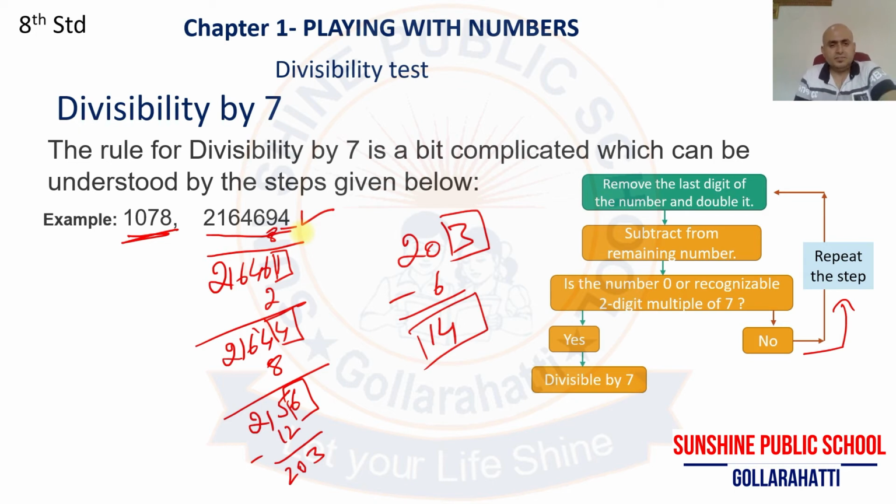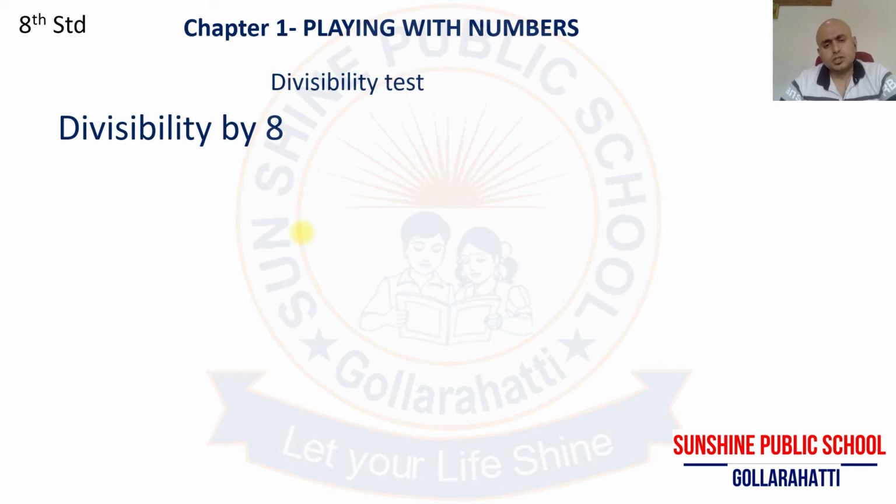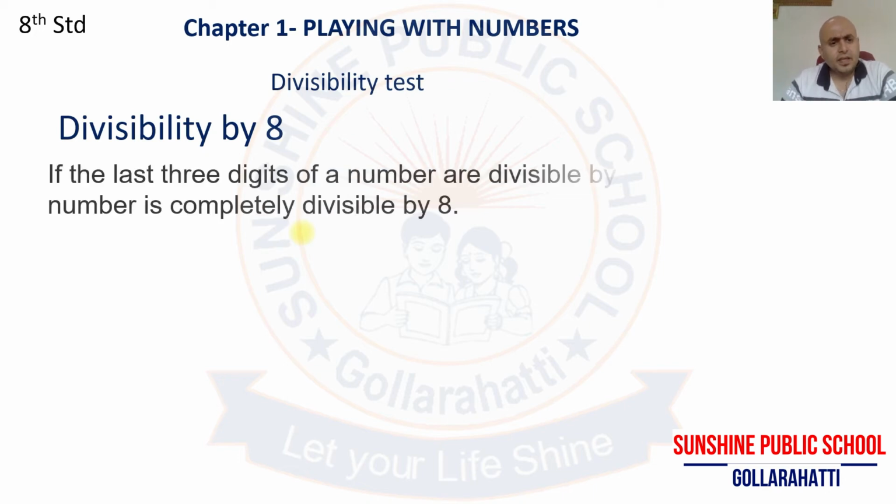Okay, next, divisibility by 8. How do we know whether a number is divisible by 8 or not? Let's see. If the last 3 digits of a number are divisible by 8, then the number is completely divisible by 8.